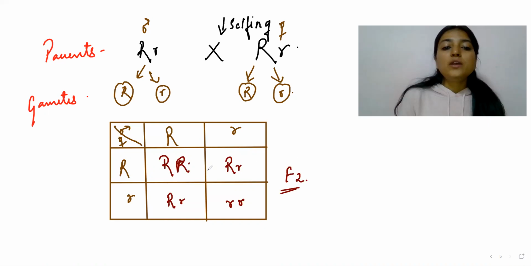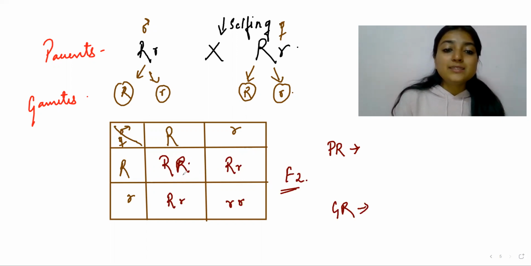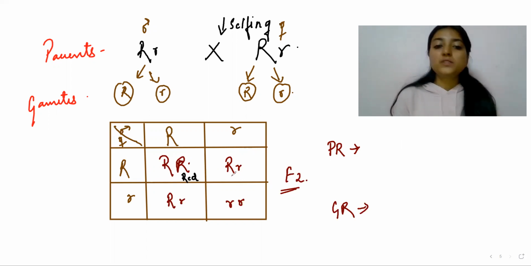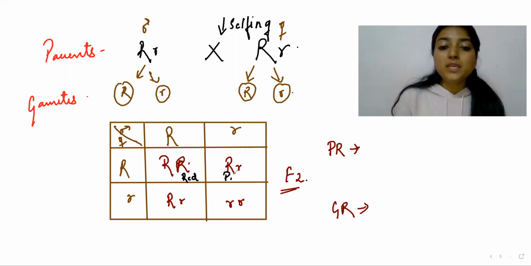Fine. Now in the F2 generation, we again have to write the phenotypic ratio and the genotypic ratio. So the phenotypic ratio here will be, this is red as this is pure. Sorry, this is pink in color. This flower is again pink in color, whereas this is white in color.